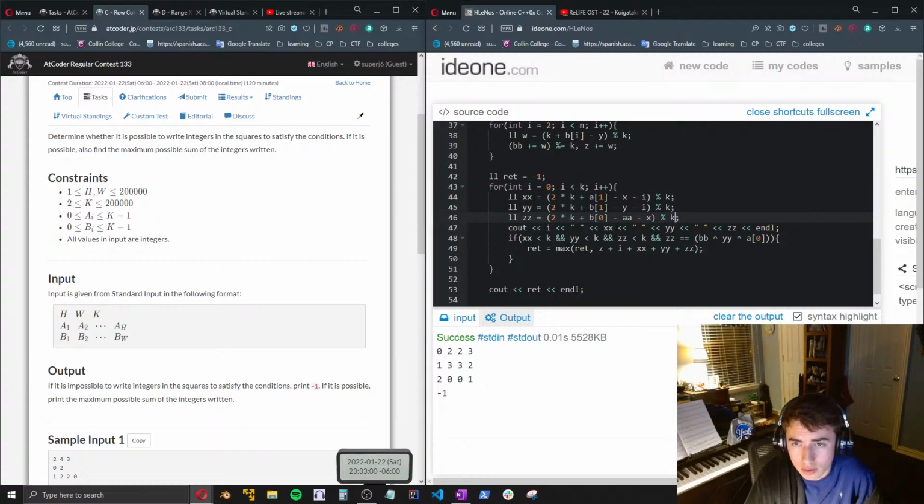Should be right. And now, is ZZ equal to 2 times K plus A of 0 minus BB minus Y? And okay. Can these be on the same line?